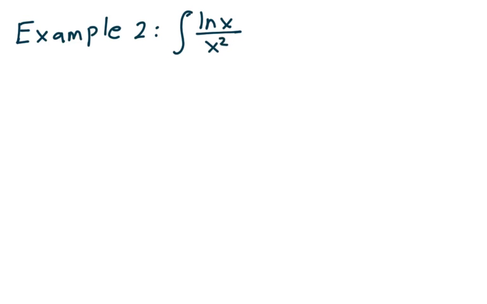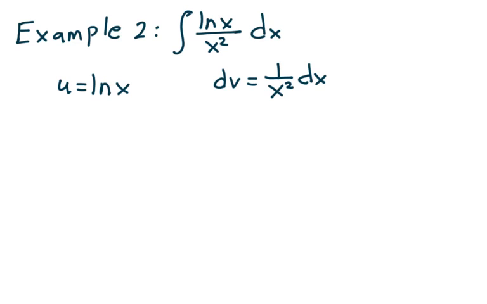Example 2. Suppose I give you this one. Suppose I had the integral of natural log of x divided by x squared dx. Now, I'm going to let u be the natural log of x, and I'm going to let dv be 1 over x squared dx.